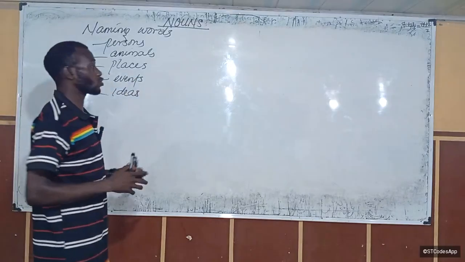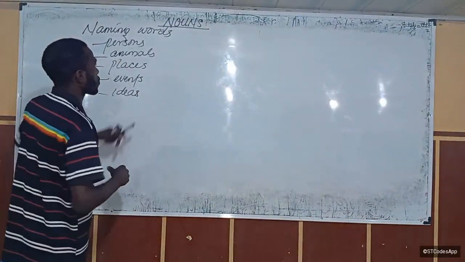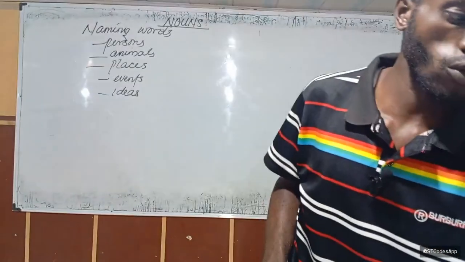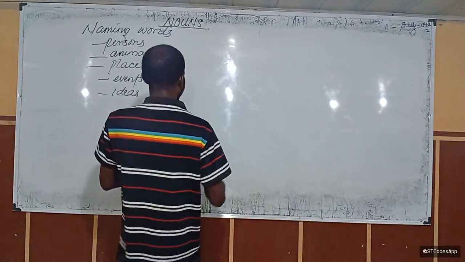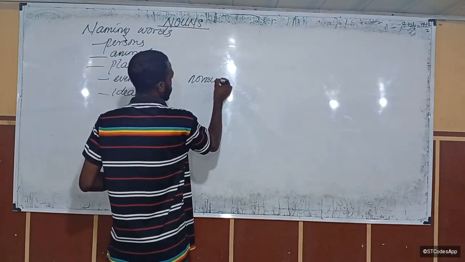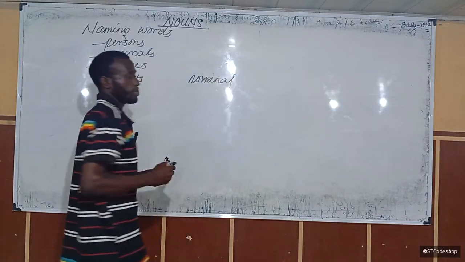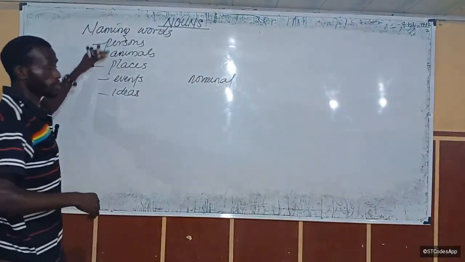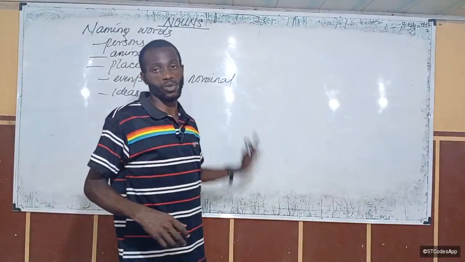The words which we use to refer to all of these things are called nouns. We also use the word nominal to represent them. So we say a word is nominal, that is, it is a naming word. So nouns are naming words, and they refer to all of these things.